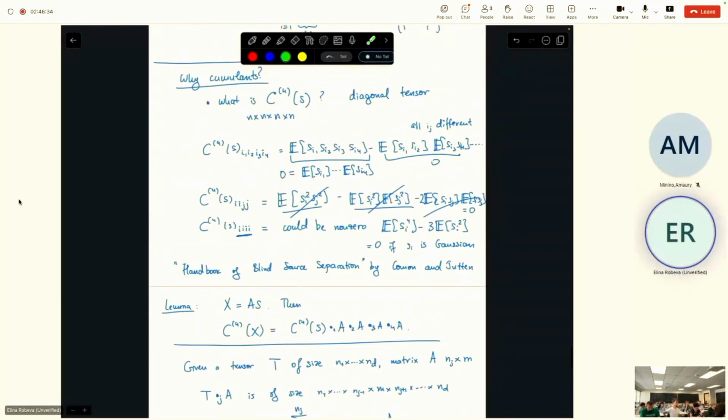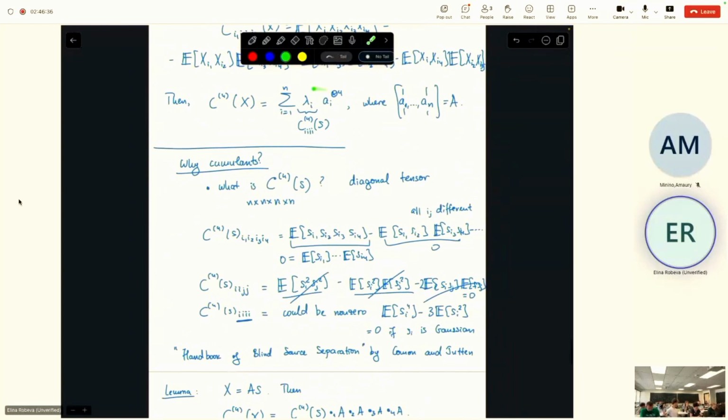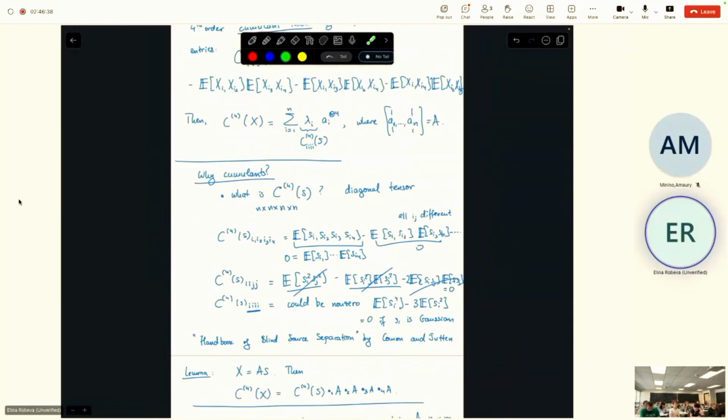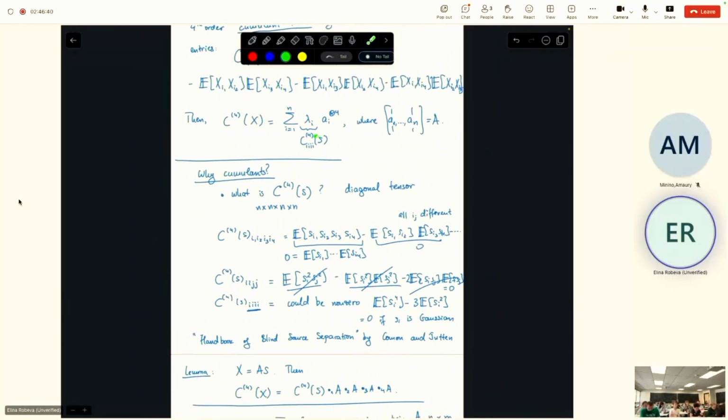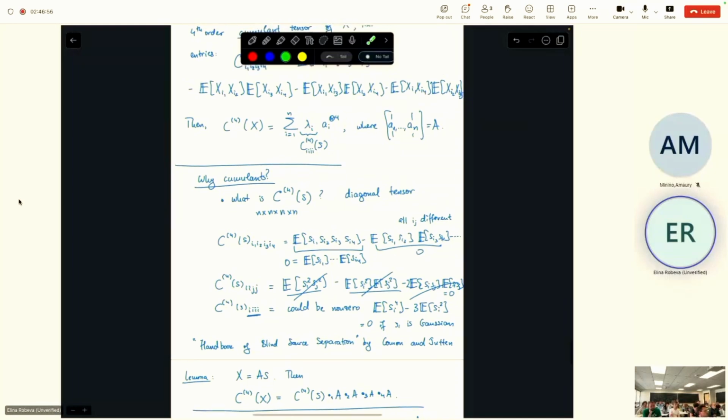Here, you can see you have this diagonal and the columns of A. So C4 of X is this CP decomposition that uses A. This is one very important application of CP decomposition, and decomposition of the moments or cumulants is very commonly used in machine learning.